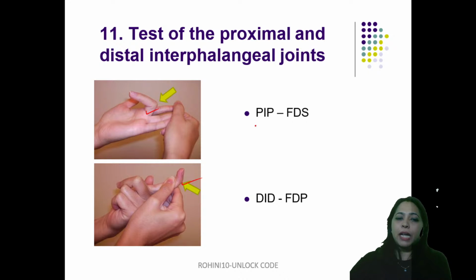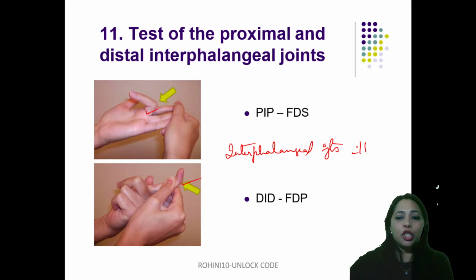These are all done at the interphalangeal joints. What kind of joints are they? They are all hinge joints. Who does the extension? Extension of the interphalangeal joints is done by the lumbricals.